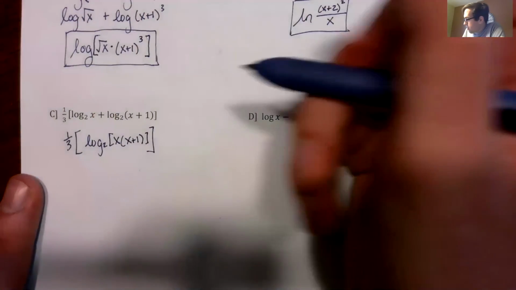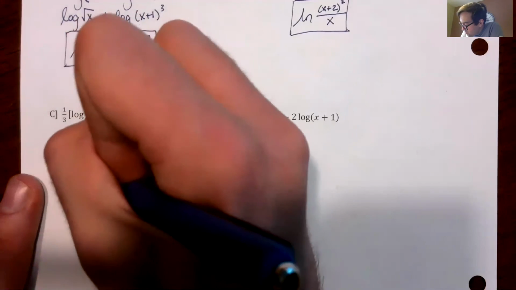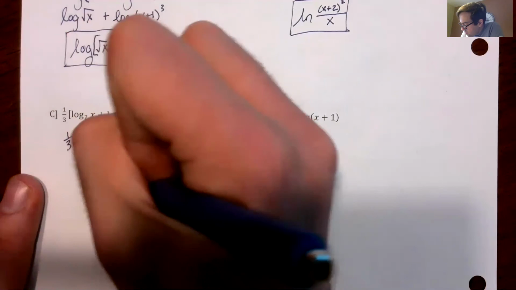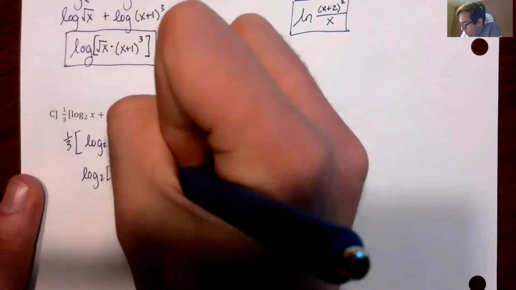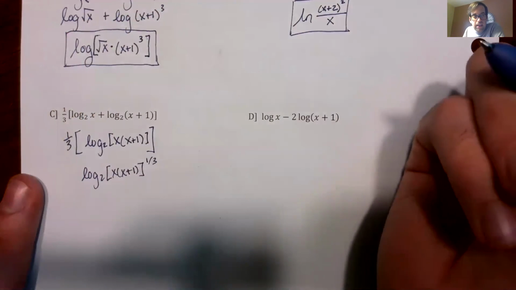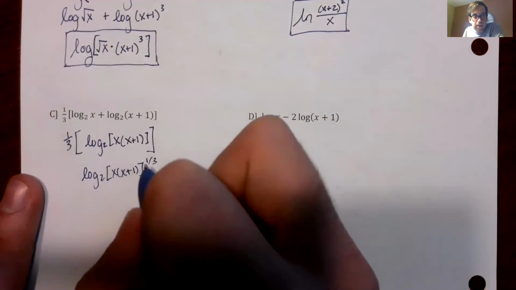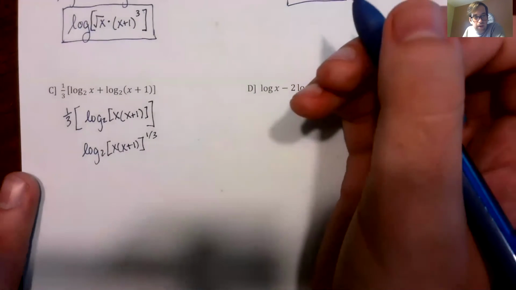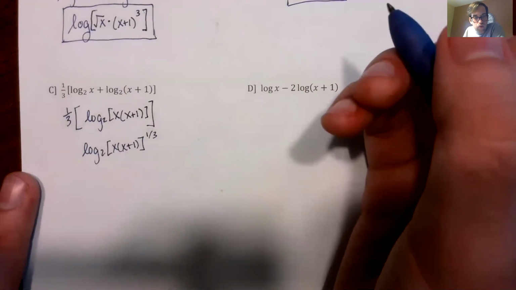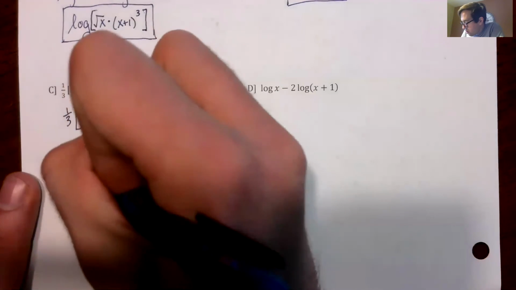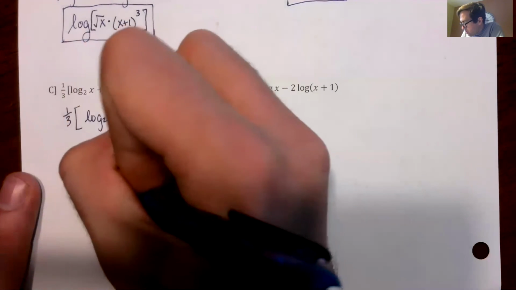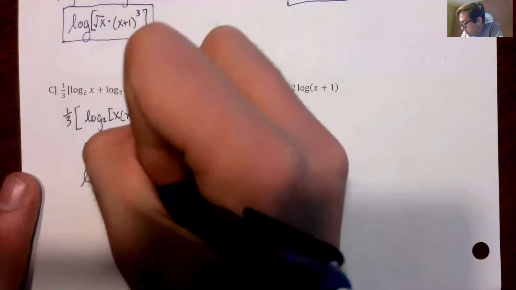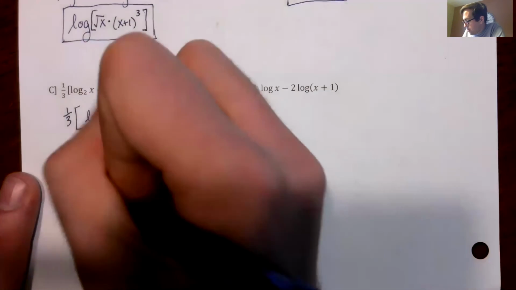And then the 1/3 can become an exponent. But make sure it's on the entire inside, not just the x, not just the x plus 1, on the whole thing. And since that's a fraction, I'm going to rewrite this as a root, and it's going to be a cube root. So it's going to be log base 2 of the cube root of x times x plus 1. There we go.